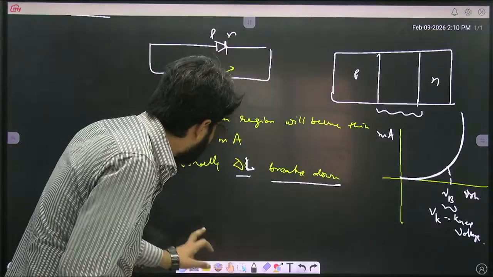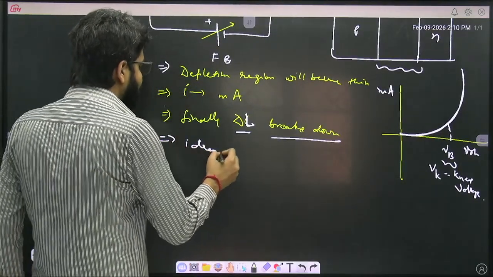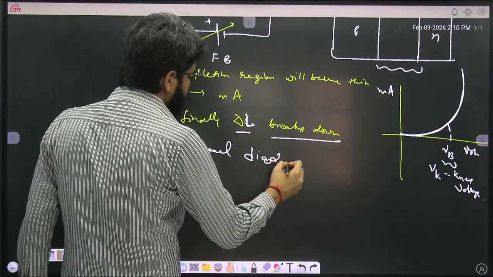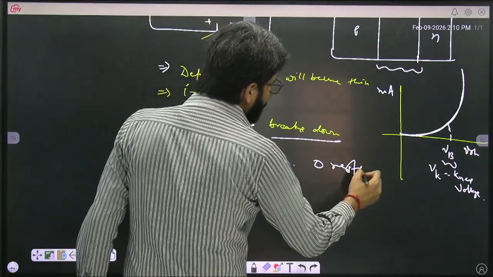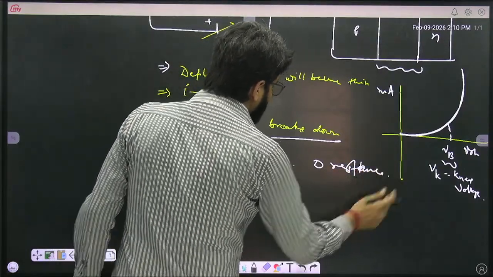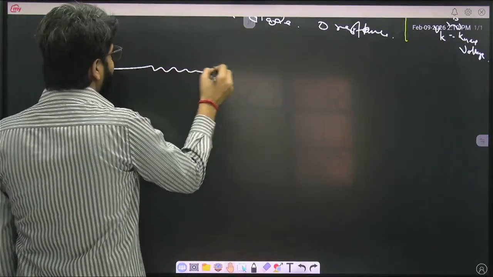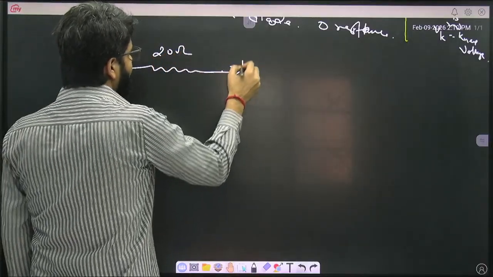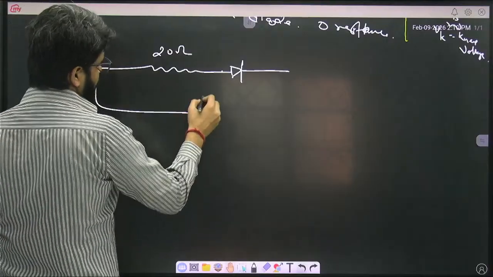Now, for an ideal diode, we have zero resistance. Suppose I give one example: in the circuit, we have a 20 ohm resistance, and then we have this diode.